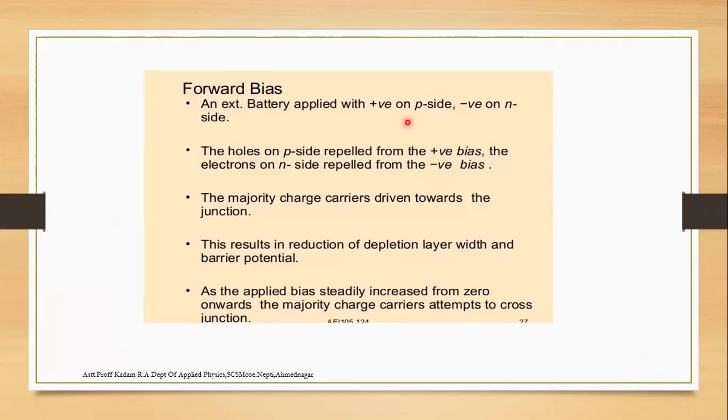So the holes in the P side are repelled by the positive bias, and the electrons in the N side are repelled by the negative bias. The majority charge carriers are driven toward the junction. The resultant is a reduction of the depletion layer width and the potential barrier, and as the applied bias increases from 0, majority charge carriers flow across the junction. That is the basics of forward bias.